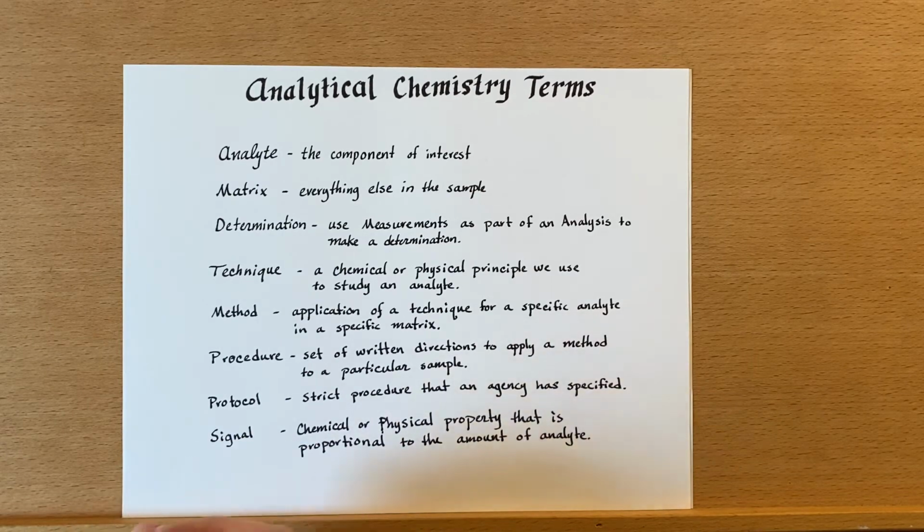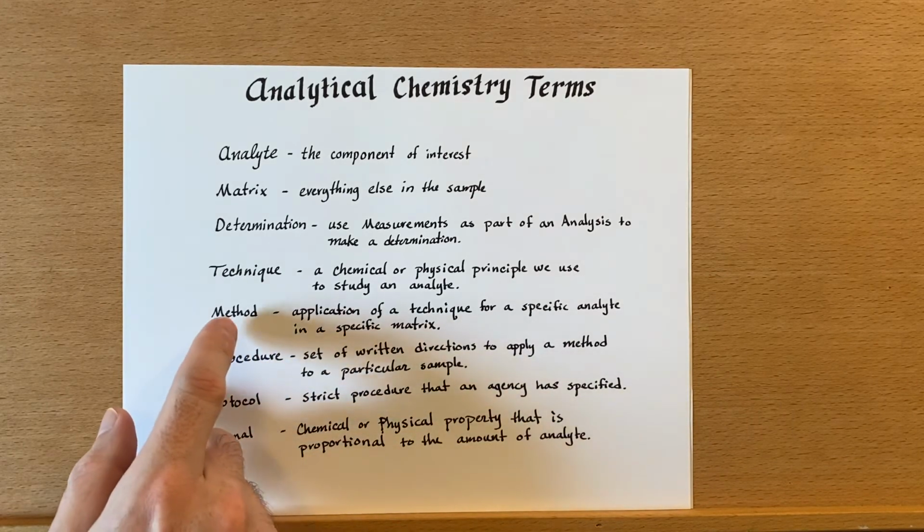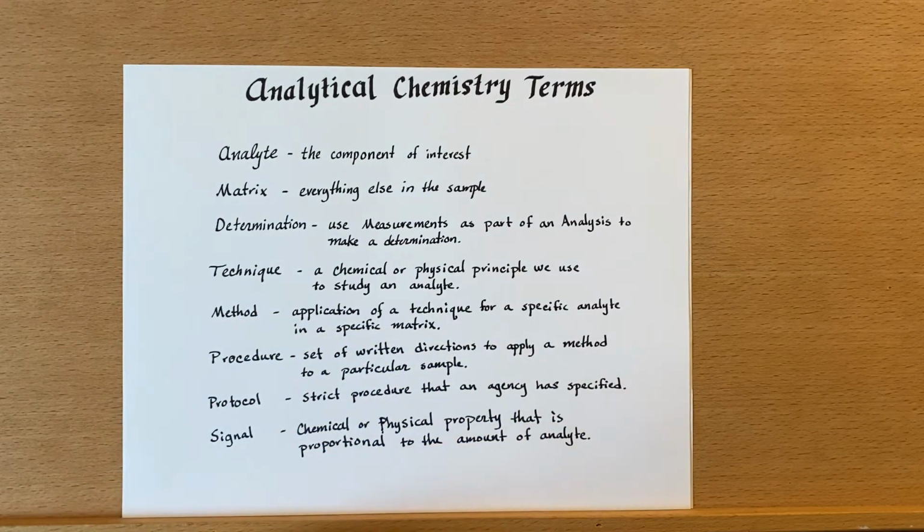So things like, I'm going to dilute this 10 times its original concentration, and then I'm going to take 5 milliliters of it and perform the analysis on that. Things like that would go into a procedure, but they would not be as important in a method. A method will just let you know, I would do the certain steps in a certain order, but a procedure is a little bit more detailed.